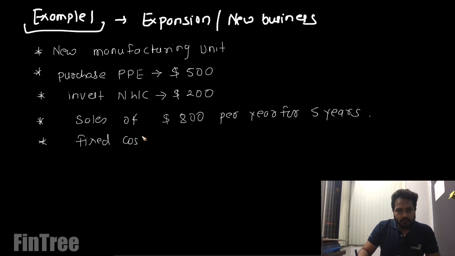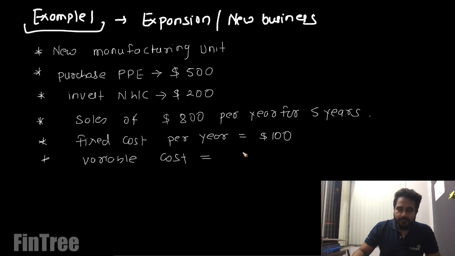Fixed cost per year would be $100, and variable cost will be 30% of sales.